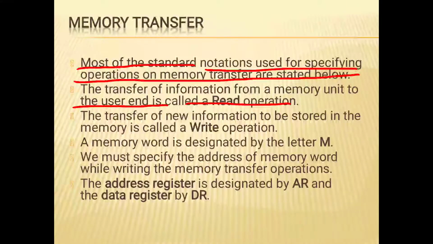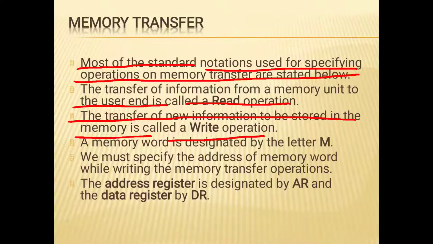Whenever something is taken from the memory, it is a read operation. The transfer of new information to be stored in the memory is called a write operation. Something written in the memory is a write operation.